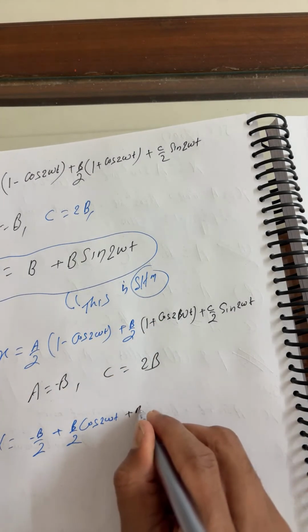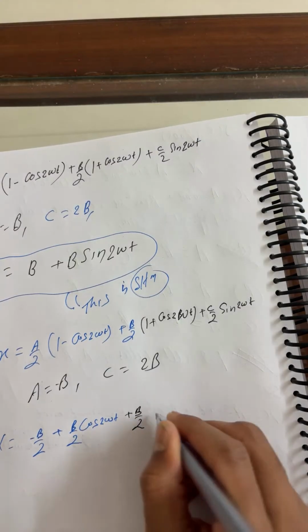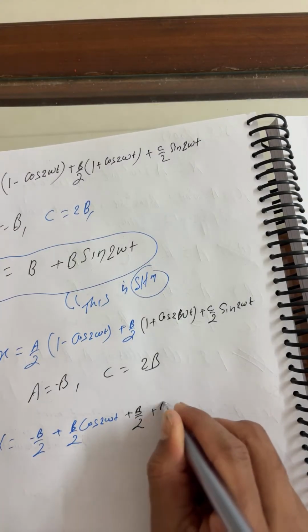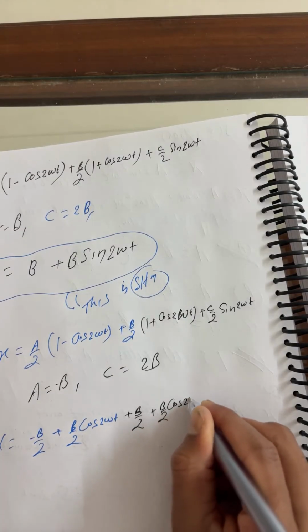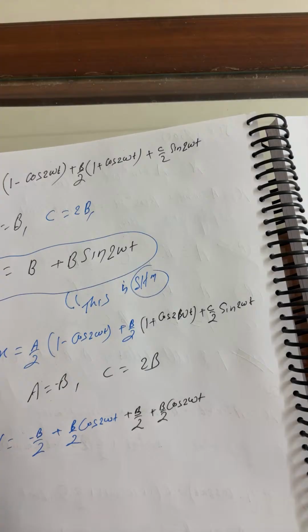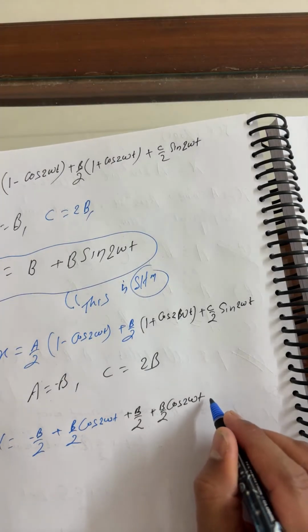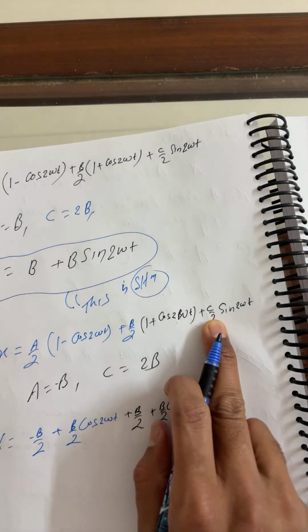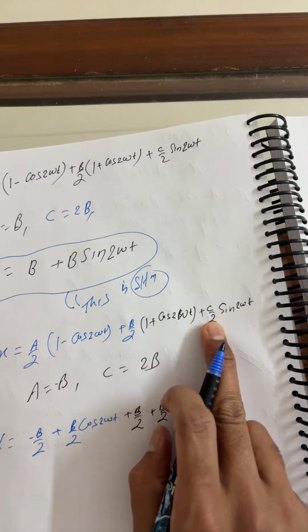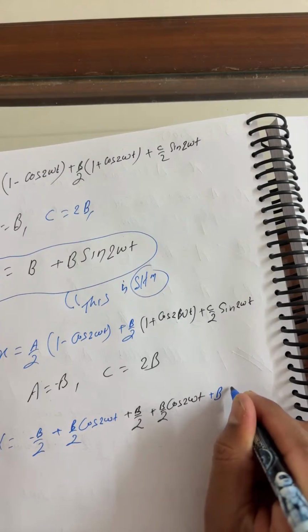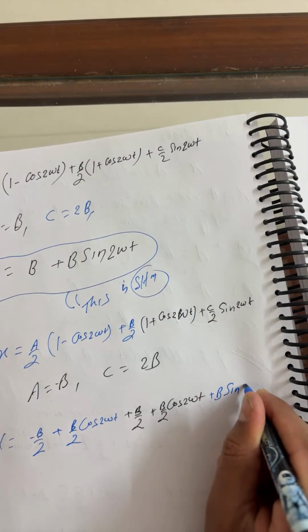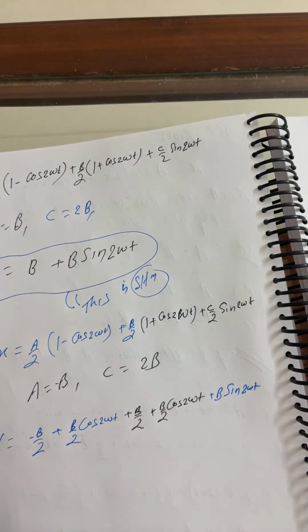So this is plus B by 2, you can say B by 2 cos 2 omega t, plus C is equal to 2B here. C is equal to 2B, the 2 cancels here. So you can write over here plus B sine 2 omega t.